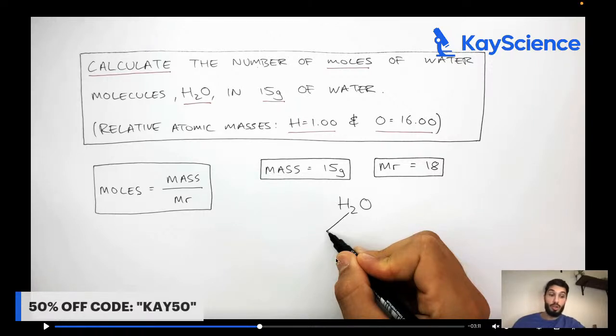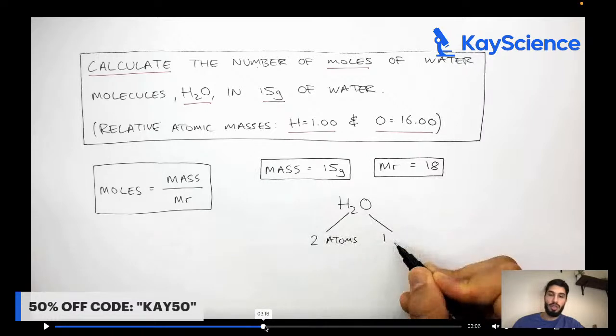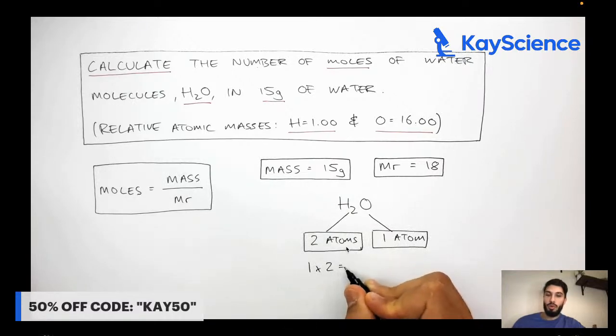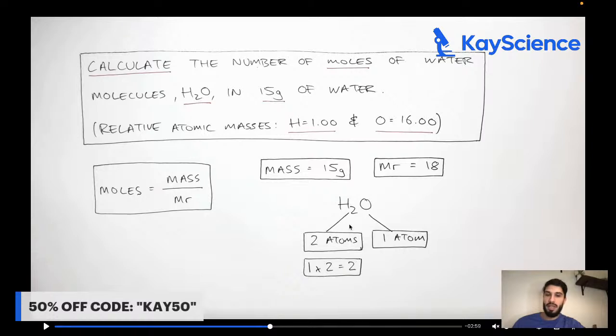Write in the chat section. There are 2. The small 2 after the H means there are 2 atoms of hydrogen. And because the O is by itself, there is 1 atom of oxygen. So therefore, we do 1 times 2, which means there is a mass of 2 for the 2 hydrogen atoms. Well done, Amma, thank you.